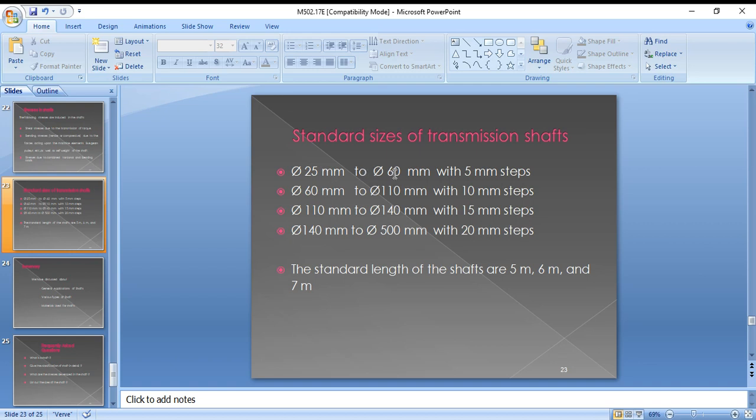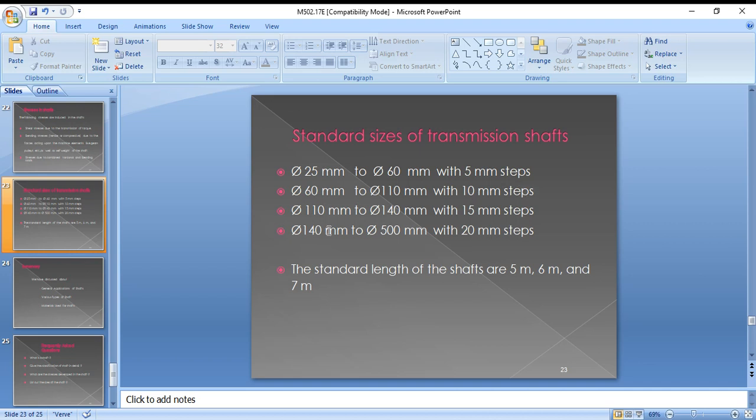These are all the available standard sizes of transmission shafts. If you want a different diameter, you need to give special dimensions. Next, from 60 to 110, it goes in 10 mm steps: 60, then 70, 80, 90, 100 and 110. These are all the standard available shaft diameters.